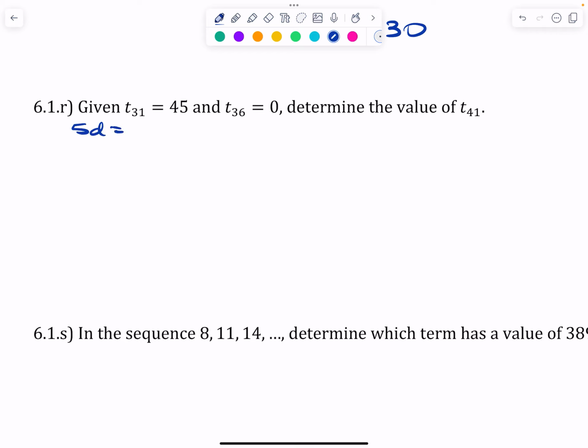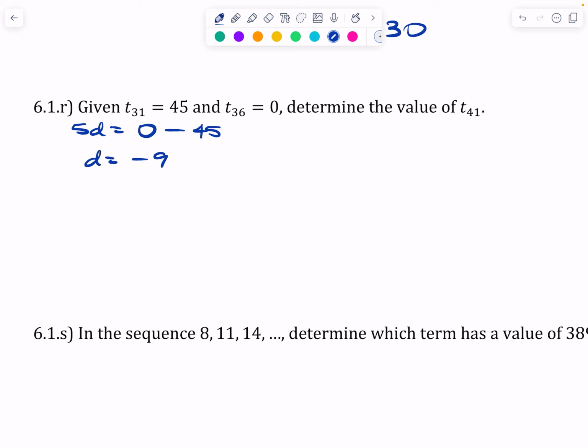5 of the difference is what we're going to get by taking term 36 and subtracting term 31. So 5 differences is negative 45. 1 difference is negative 9.